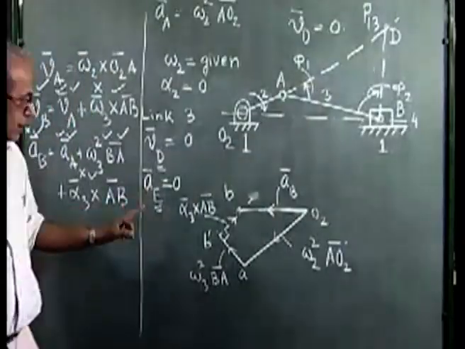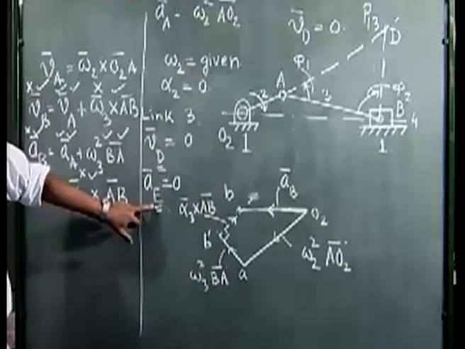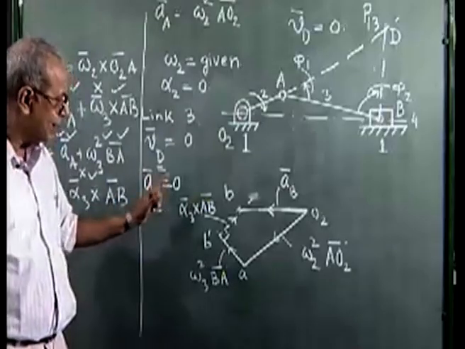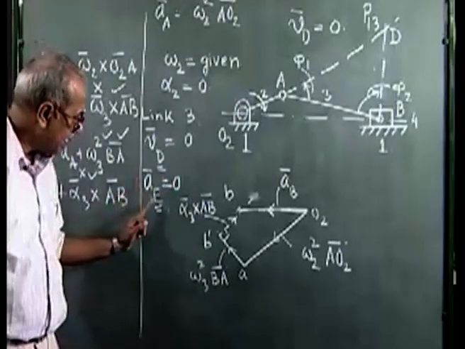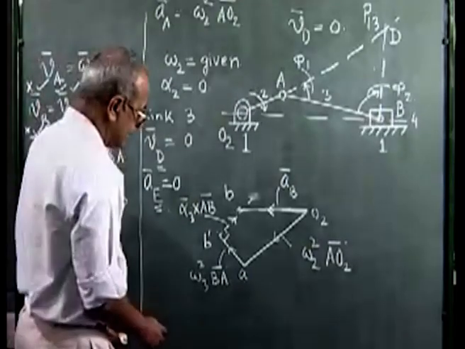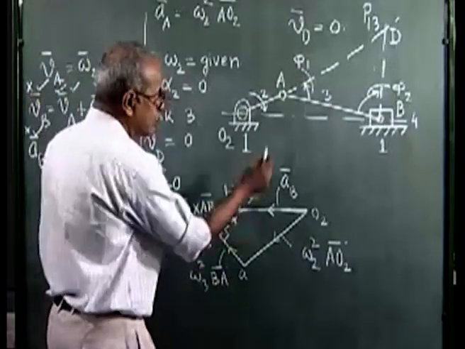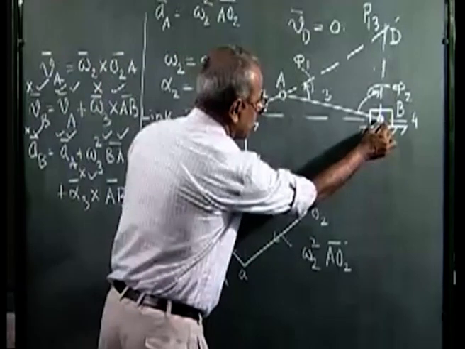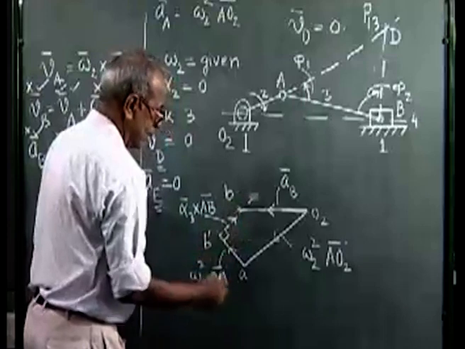Now let me try to answer this question E, such that acceleration of the point E is 0 at this configuration and the point E belongs to link 3. We have already got the image of the point A here as small a, image of the point B here as small b.